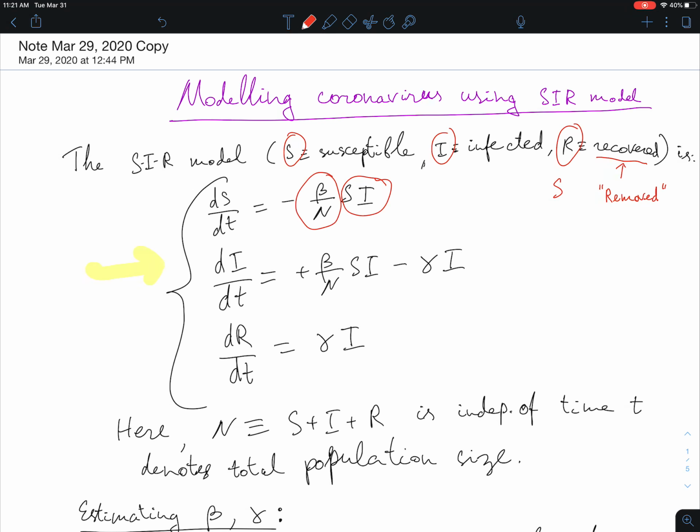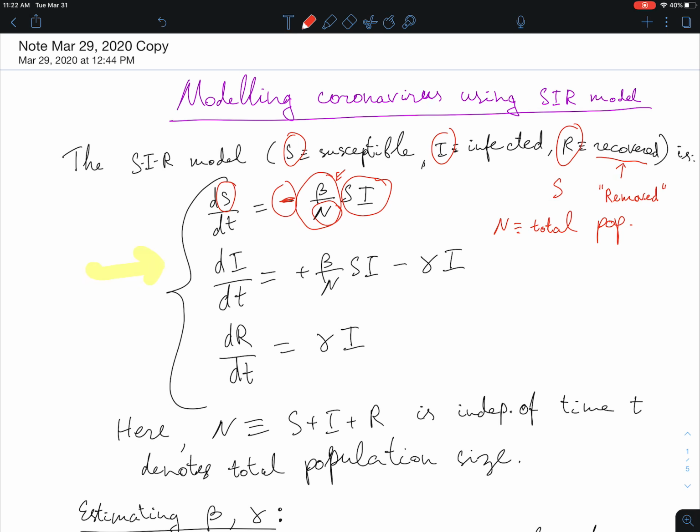So this constant here stands for the probability. This N, by the way, is a normalization constant, the total population. So it's just a way to normalize the system. The minus sign represents the fact that once a susceptible comes in contact with the infected, they with some probability become infected, so they are no longer susceptible.